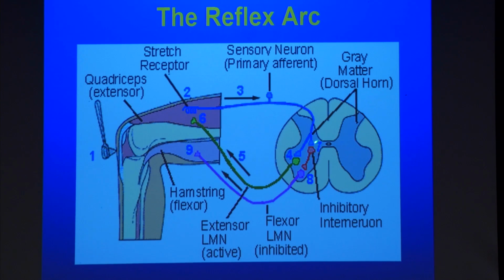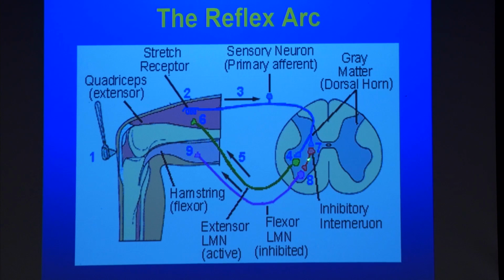If we get enough glutamate release that we activate enough synapses that we generate an action potential, then we have an action potential in this interneuron. The action potential arrives at the output region. The process we talked about yesterday is then followed, and we, through the SNARE hypothesis, release neurotransmitter. But now the neurotransmitter released is GABA, or since we're in the spinal cord, probably glycine. But regardless, it's an inhibitory neurotransmitter. So then what happens is by releasing the inhibitory neurotransmitter, we are inhibiting this lower motor neuron.